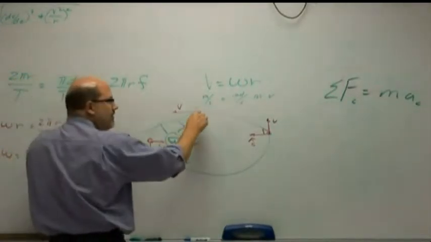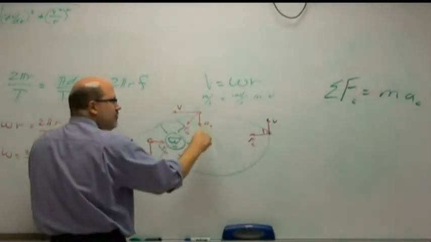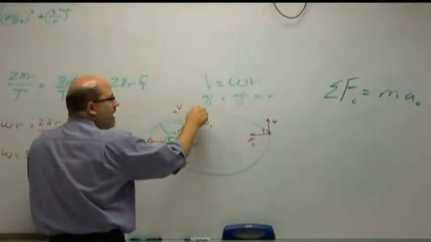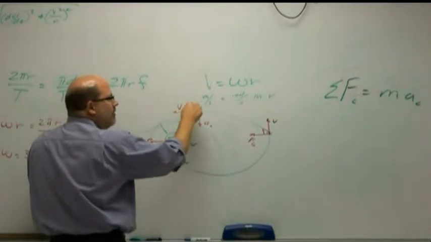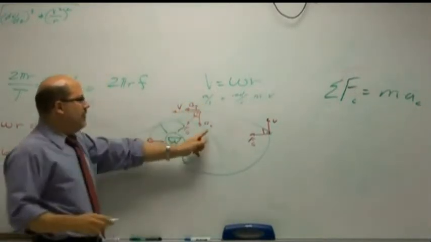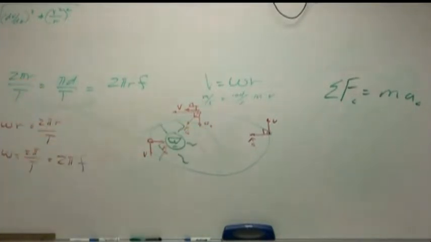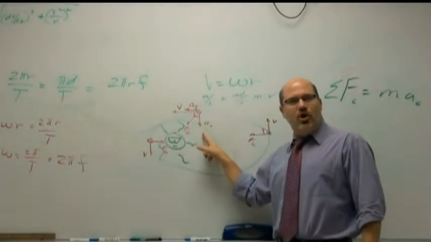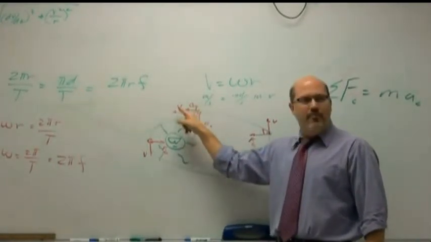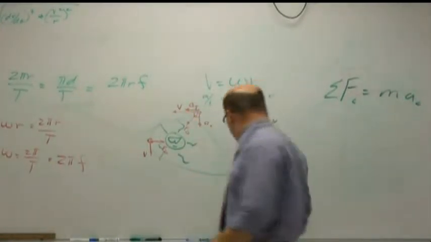It causes an acceleration this way, which is our centripetal, which is perpendicular, and it causes a component this way, which is tangential. So this part of the force causes it to turn. The other part causes it to speed up. Everybody, this causes it to turn. This causes it to speed up. When you're on the other side over here, you get the opposite.